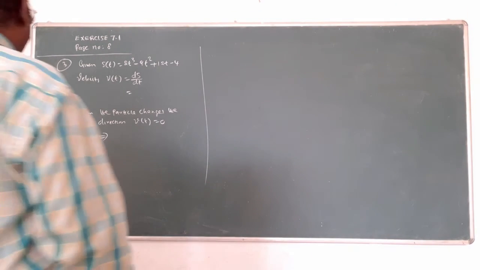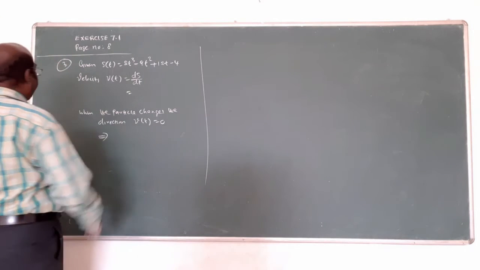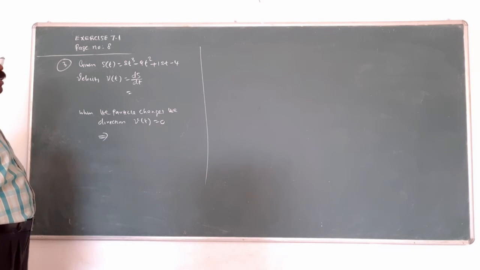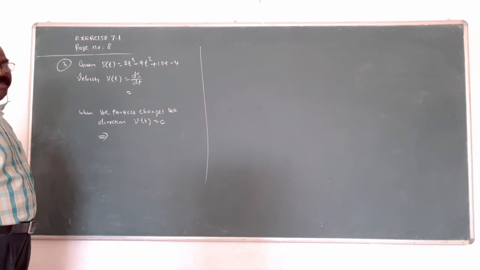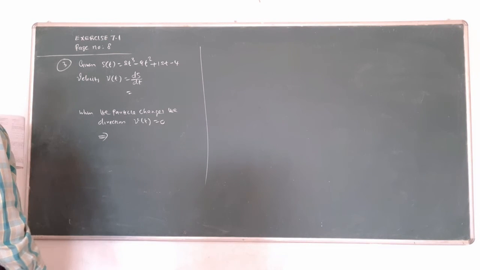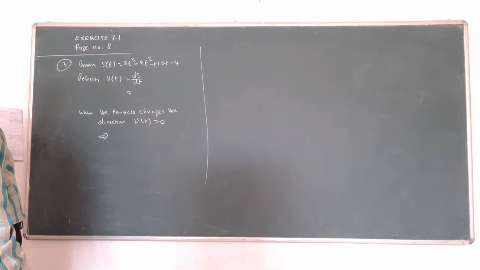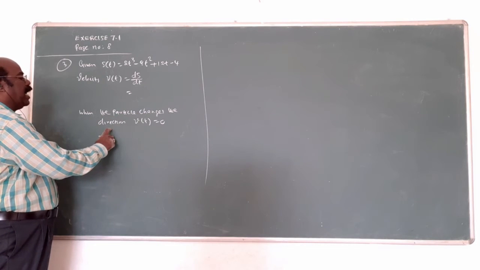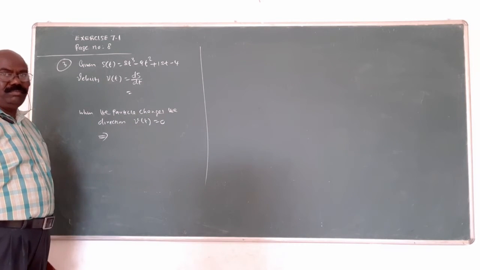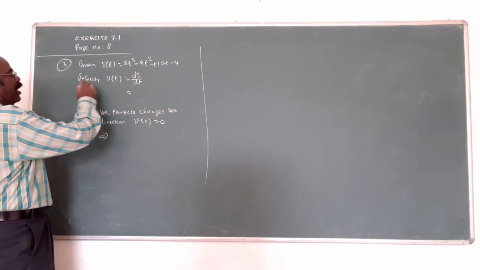Now listen here. Third problem. S of t is given: 2t cube minus 9t square plus 12t minus 4. The first question, at what time does the particle change direction? We know the formula, when the particle changes direction, V of t equal to 0. That's why I am finding V of t. Velocity is V of t.